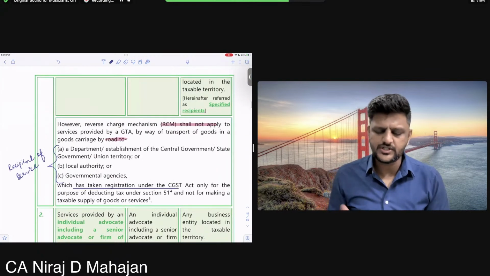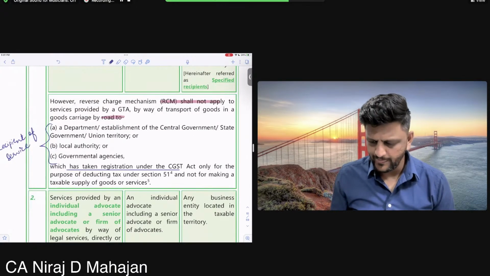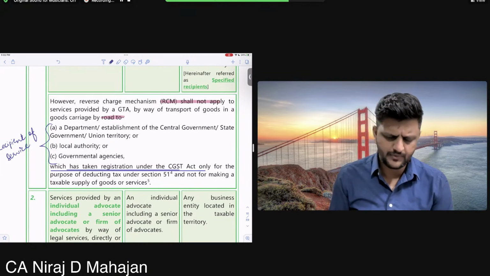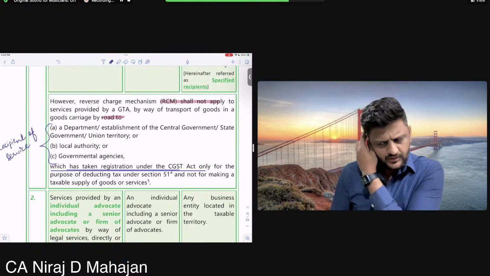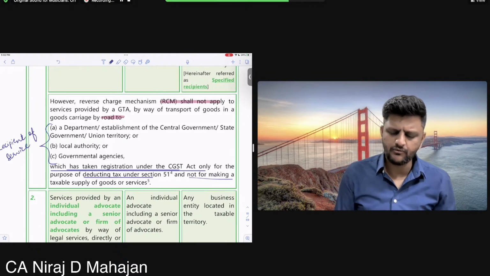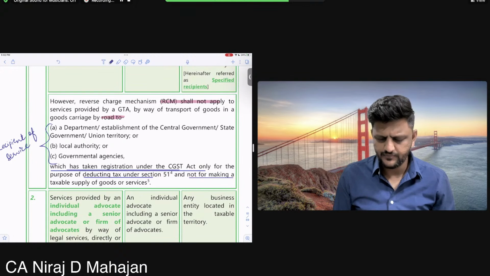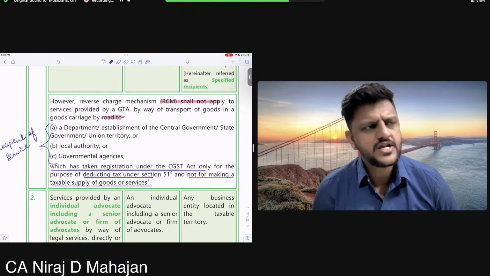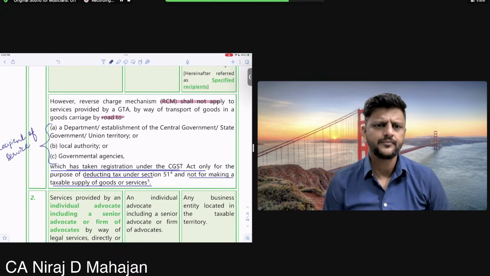Okay, so we have taken the decision under CGST only for the purpose of TDS under section 51, and not for making a taxable supply of goods or services. We have seen section 24. Remember section 24?